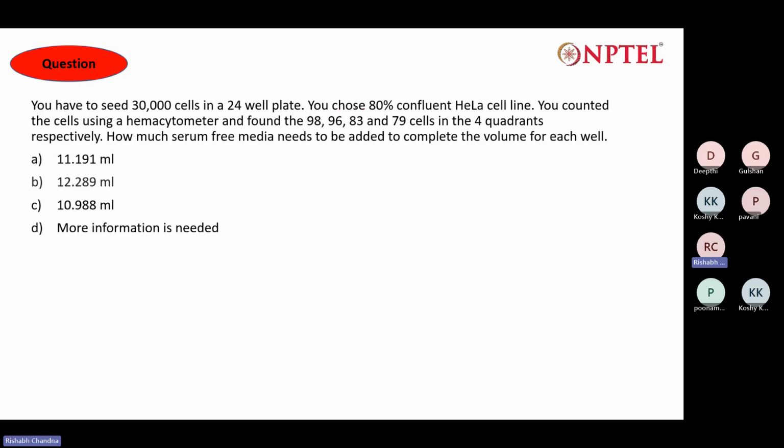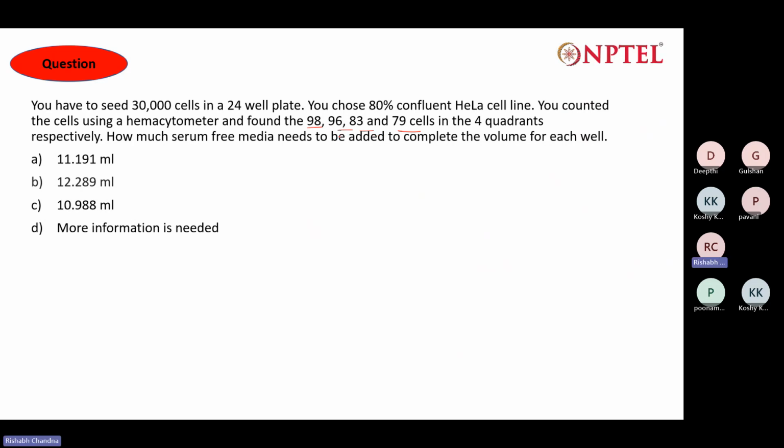You counted the cells using a hemocytometer, in 4 quadrants, and found 98, 96, 83, and 79 cells in the 4 quadrants respectively.